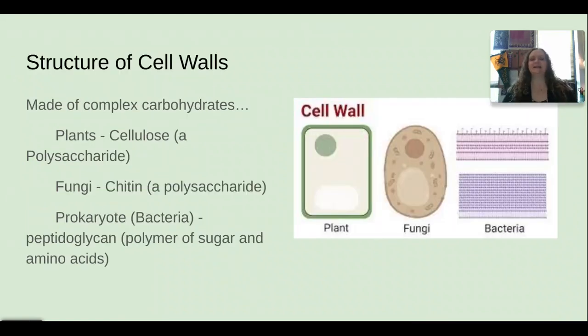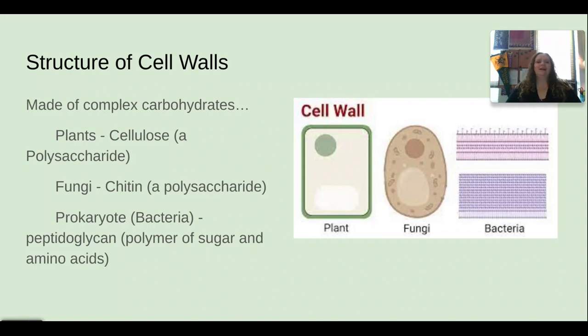So just to give you an idea of the different types of cell walls, because not all cell walls are made the same. All cell walls are going to be made of complex carbohydrates, that we know. Cellulose is a polysaccharide. That's what we're going to find around plant cells. Fungi have a polysaccharide cell wall as well, but this one is chitin. It's a different polysaccharide.